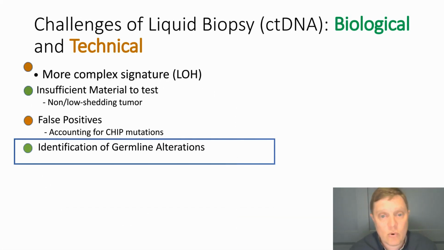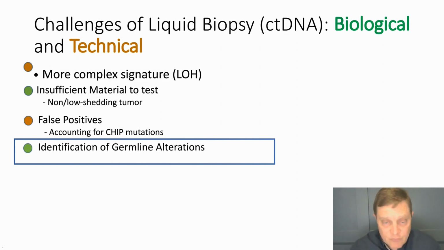Another component, of course, are the germline alterations. If we're going in and we're measuring what's in that buffy coat anyway, then we're going to be picking up those 50% alterations that are almost certainly inherited. And so we shouldn't just turn a blind eye to that. We need to evaluate this. We need to be mindful of the impact that that can have on the patient's family and their progeny.